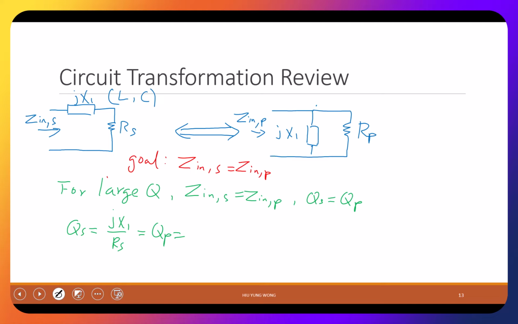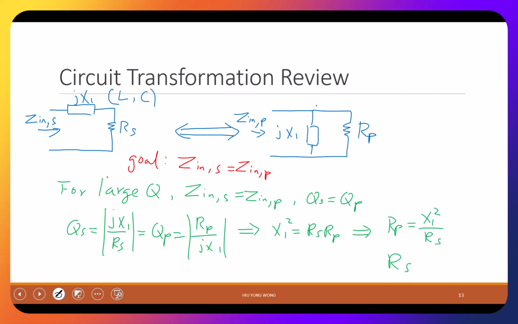We just discussed it for parallel: RP divided by jX1, right? However, don't mess up, we need the magnitude. We're talking about Q, okay? So with this, what does it mean? It means X1 squared equals RS times RP. So it also means that RP must equal X1 squared divided by RS, or RS equals X1 squared divided by RP.